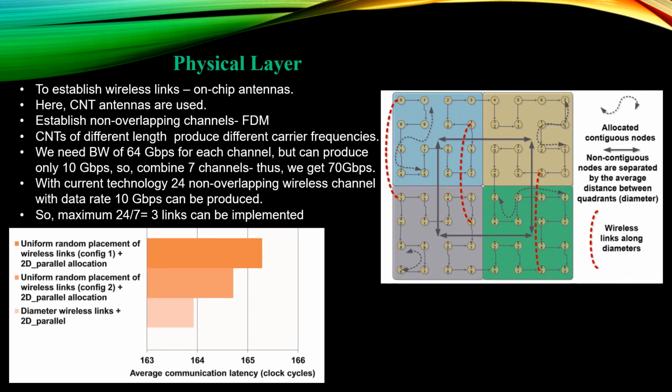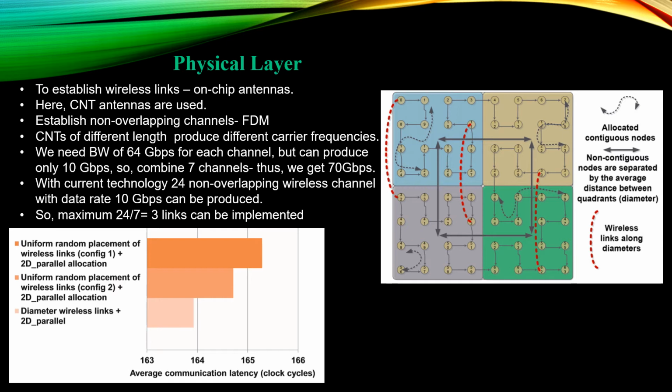Now we will see how the wireless links are placed in between the nodes. In order to establish wireless links, on-chip antennas are required. Here we use CNT antennas, which is nothing but carbon nanotube antennas. It can provide the frequency range up to terahertz.